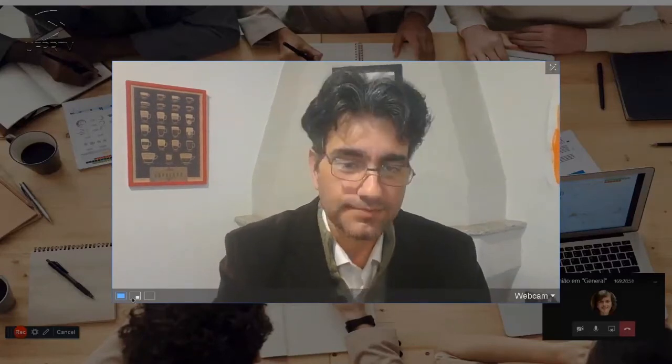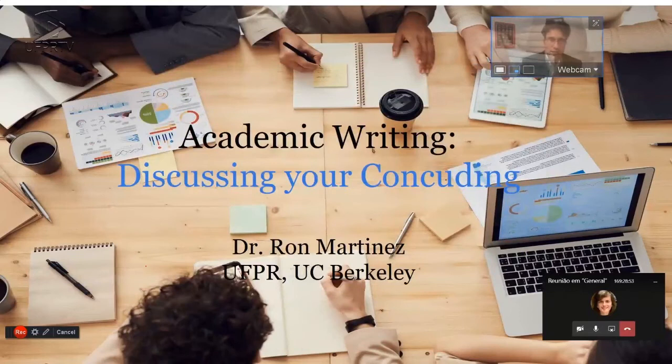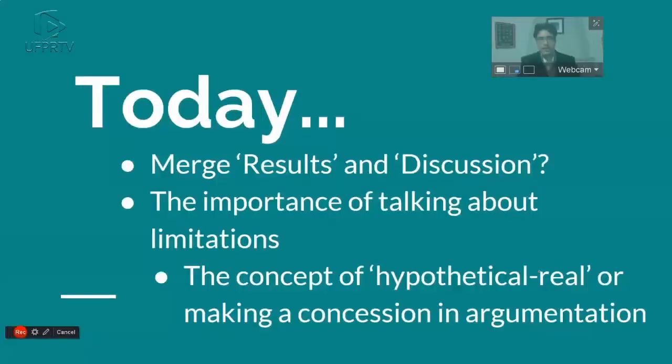So today, as I said, we're discussing and concluding, and talking about whether you should merge the results in the discussion section or separate them out. We're also going to talk about limitations and why they're important, and the concept of a rhetorical move called hypothetical reality and why that is a useful tool for argumentation.